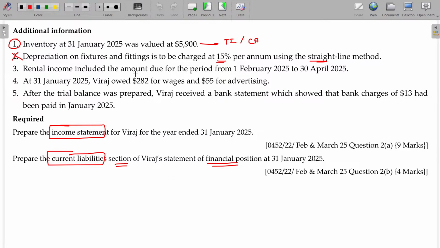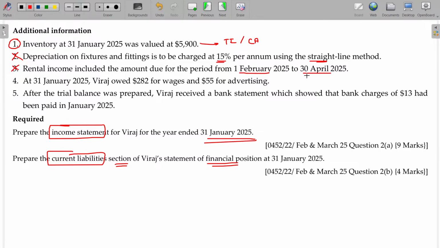And rental income included the amount due for the period from 1st February to 30th April 2025. The amount you have received represents the rental income for February onwards, but we have to close the books of account on 31st January.